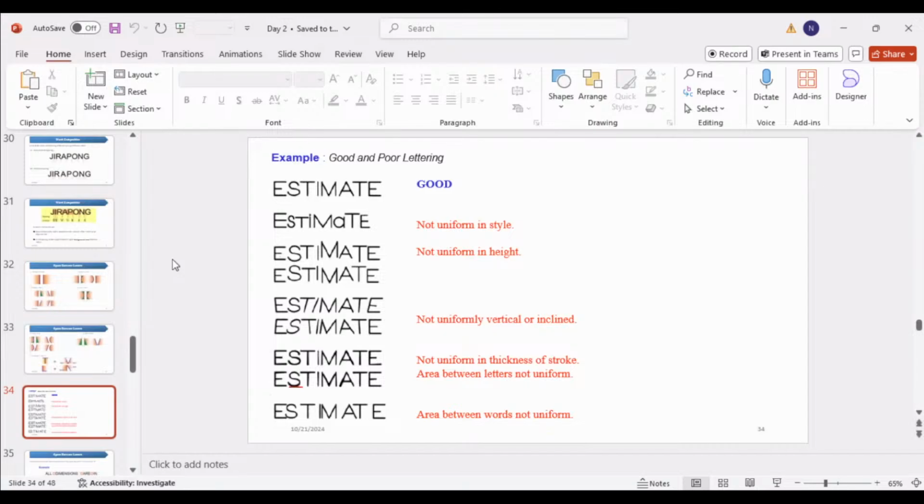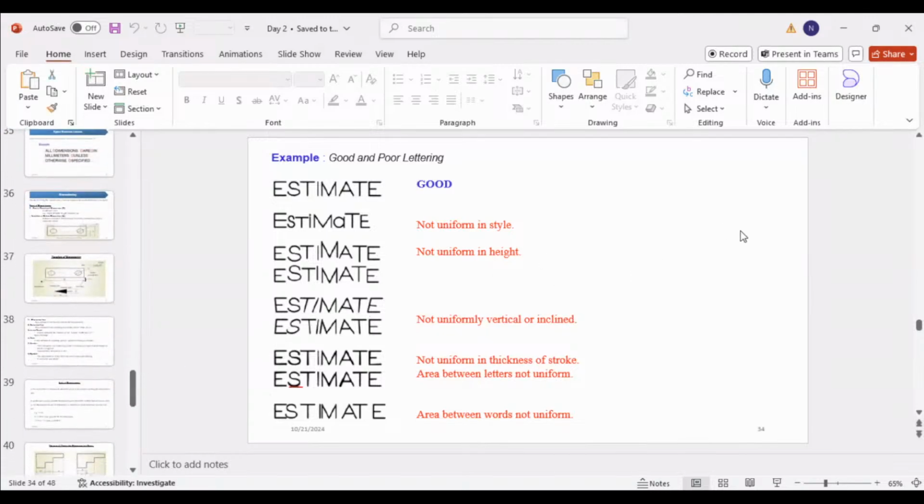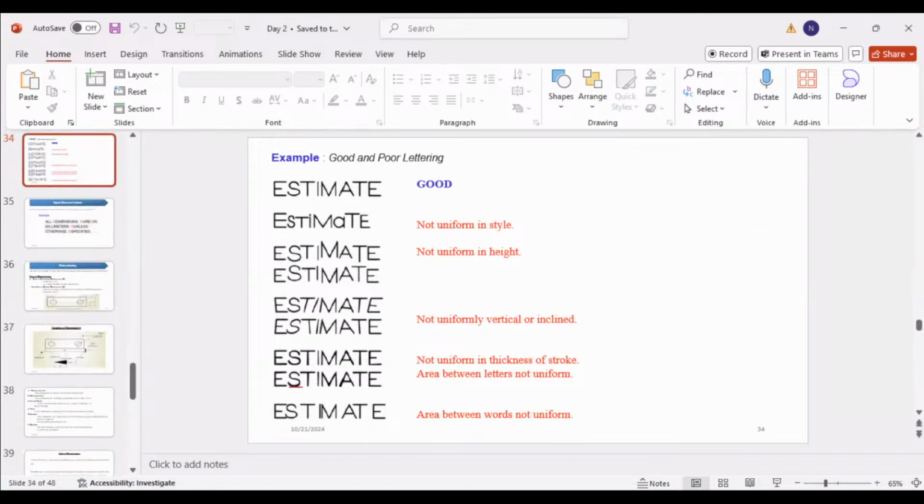All the software can be used to do these works, okay? But you have to go through the past in order to understand the current situation. I have given this so that you know about the past. So those are about the lettering.